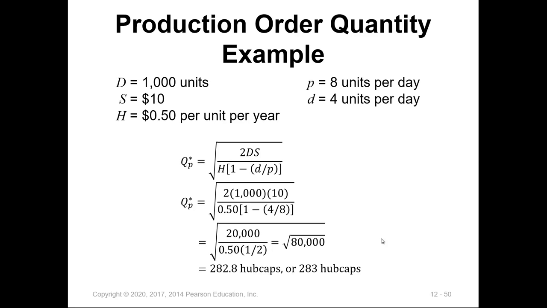H, the holding cost, is 50 cents per unit per year. And the lowercase d is 4, divided by P, which is 8. Substituting all that, we get the square root of 80,000, which equals 282.8 hubcaps or wheels.